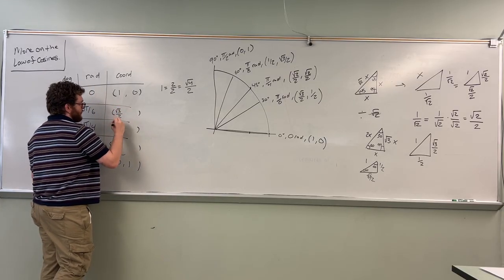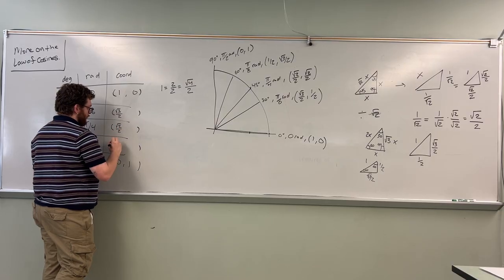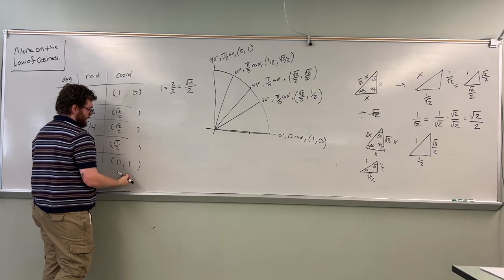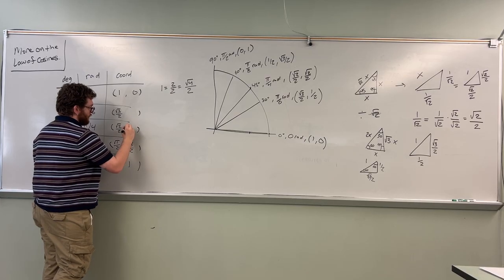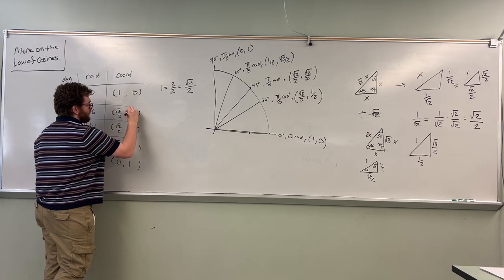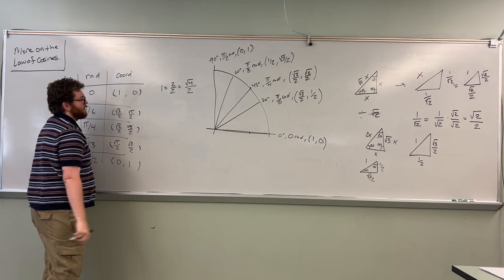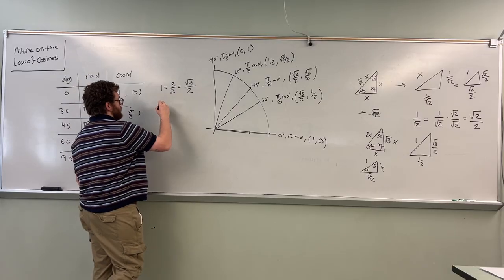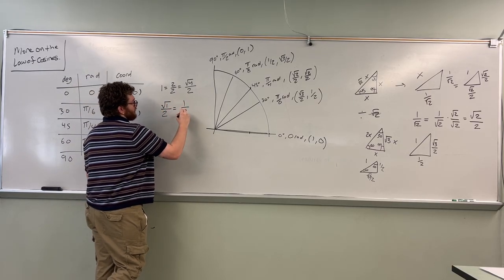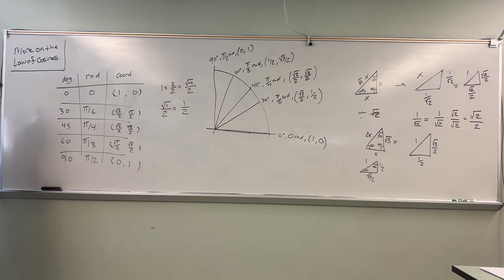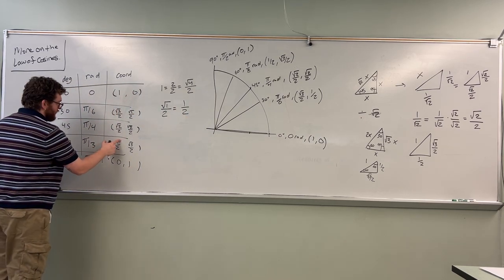Root 3 over 2, root 2 over 2, root 1 over 2, and then back the other way. Root 3 over 2, root 2 over 2, root 1 over 2, back to 0. And an important thing to note is the square root of 1 over 2 is just 1 over 2. So I don't need these square root symbols.